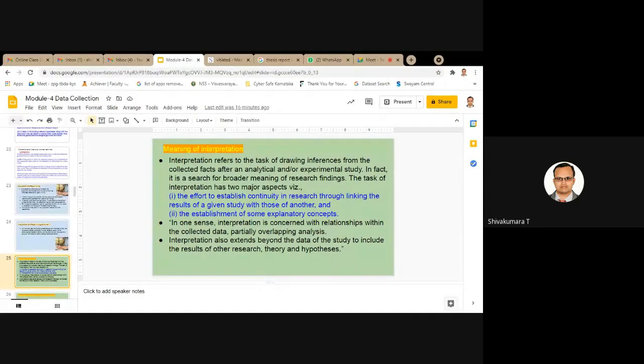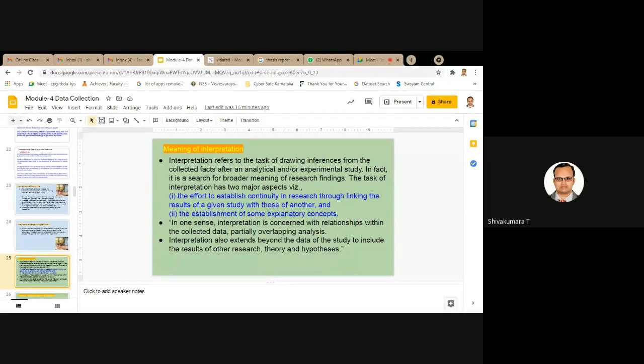Interpretation refers to the task of drawing inferences from the collected facts after an analytical or an experimental study. As interpretation does, you are drawing inferences. You are drawing the possibilities. What you set as the objectives in the beginning, the proposed system will do so and so.